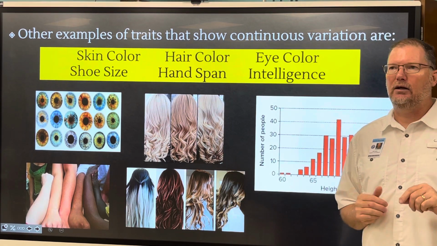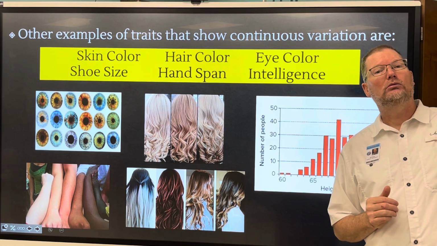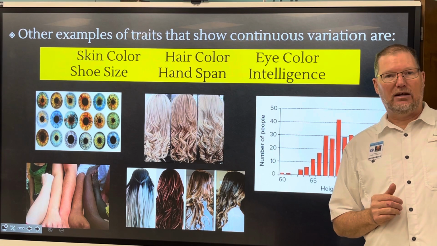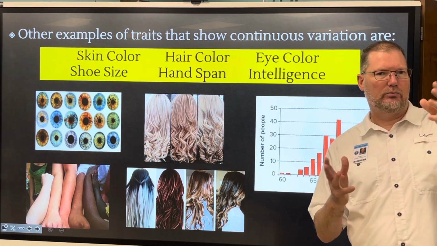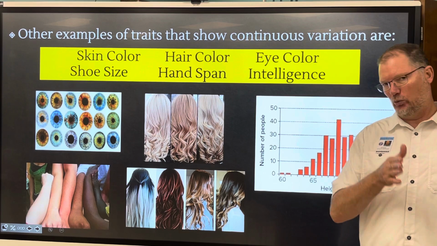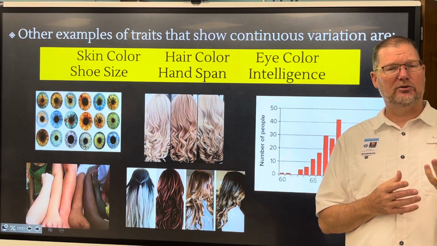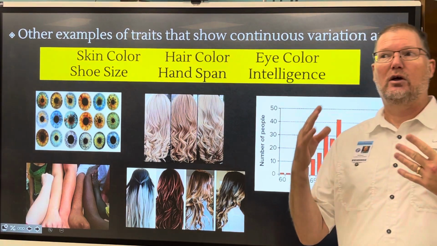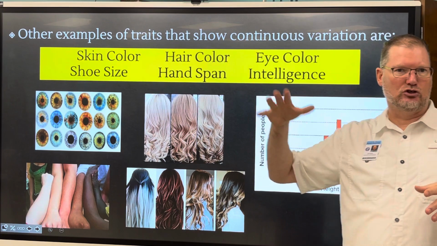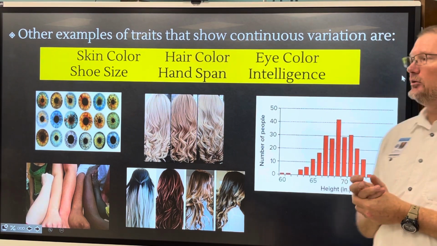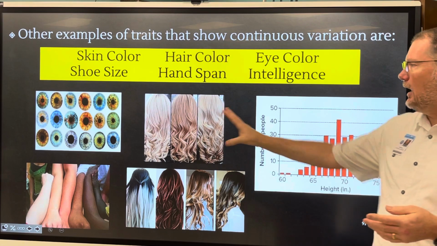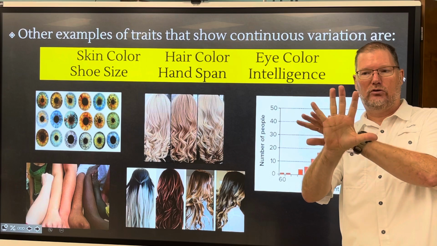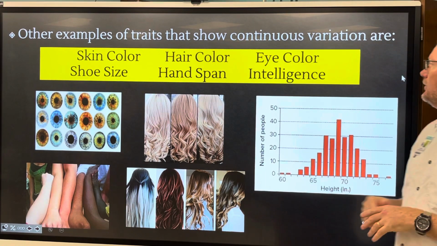And the North Pole, like in the Arctic region, because native Inuit or Eskimo, you might know the word Eskimo over the word Inuit, those native people also have a darker skin color because of the high reflectivity of the solar energy off of the snow. It's pretty neat, actually. So anyway, eye color, hair color, hand span, so the width of hands, okay?